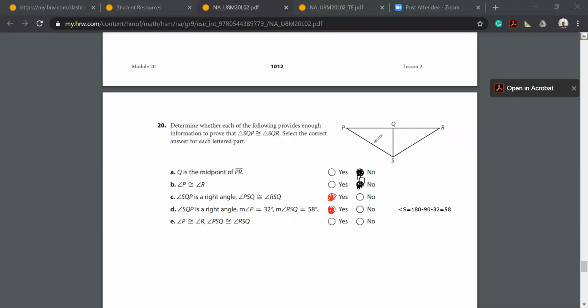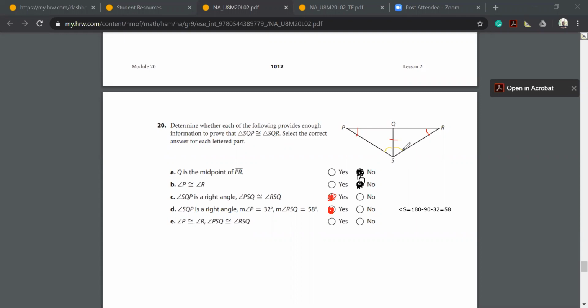Angle P equal angle R. He told you that angle P is equal to angle R, and I know that the side is equal. And measure angle PSQ is equal to RSQ. This angle is equal to this angle.